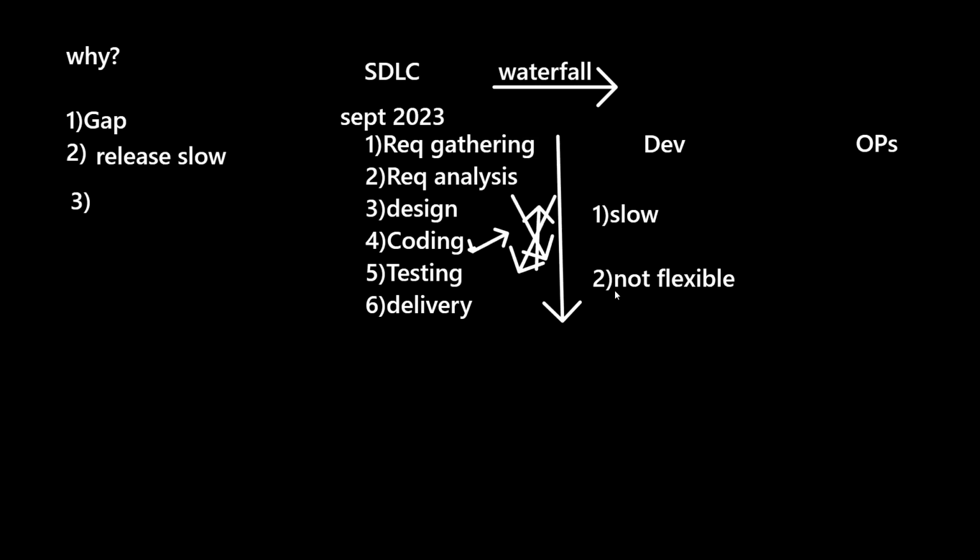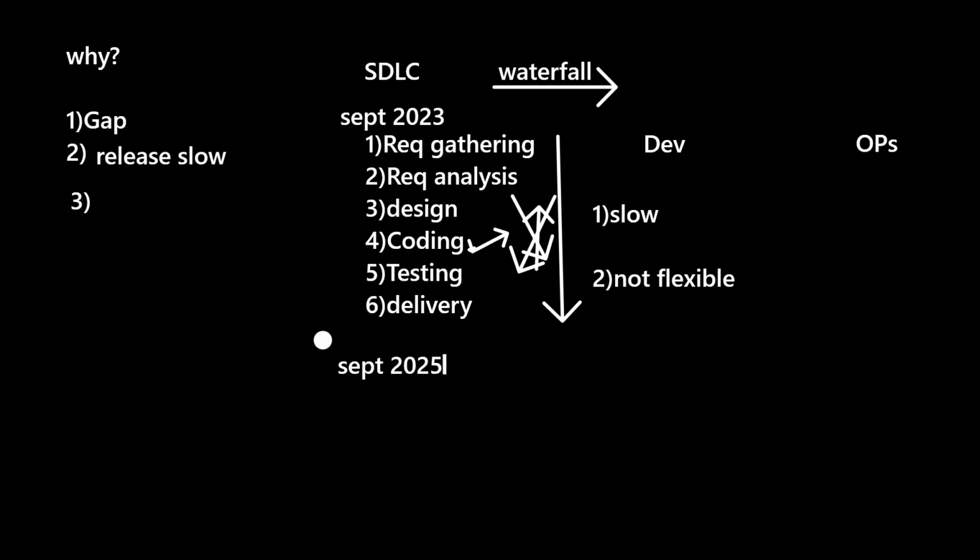It's not flexible. If that is the case, it doesn't work in today's world, because nowadays almost all the clients come with requirements, modifications, new changes. If it is not acceptable, it doesn't work in reality nowadays, right? Here, if requirements were given in 2023, the product will be delivered maybe after 2 years, in 2025, without any modifications or changes.